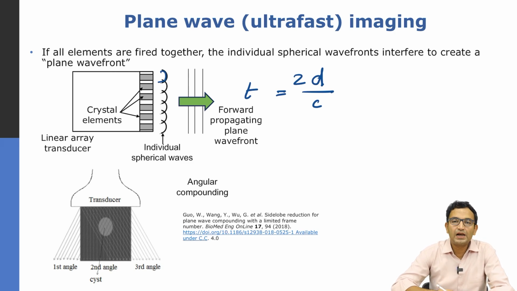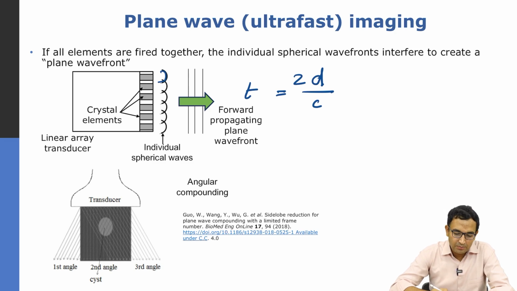Now, because this is an unfocused way of transmission, there will be poor lateral resolution. But it is very fast, that means high temporal resolution. You can distinguish between two events in time because you are capturing very fast frames. I think you must have all seen ultra fast imaging cameras, high frame rate cameras, where you can see events which are not otherwise visible if you take high frame rate images and then slow them down and play a video.